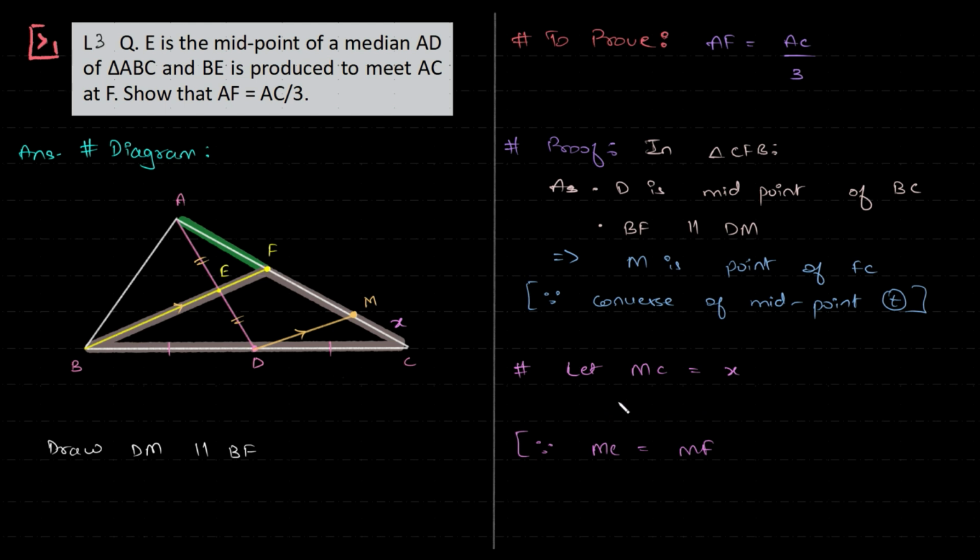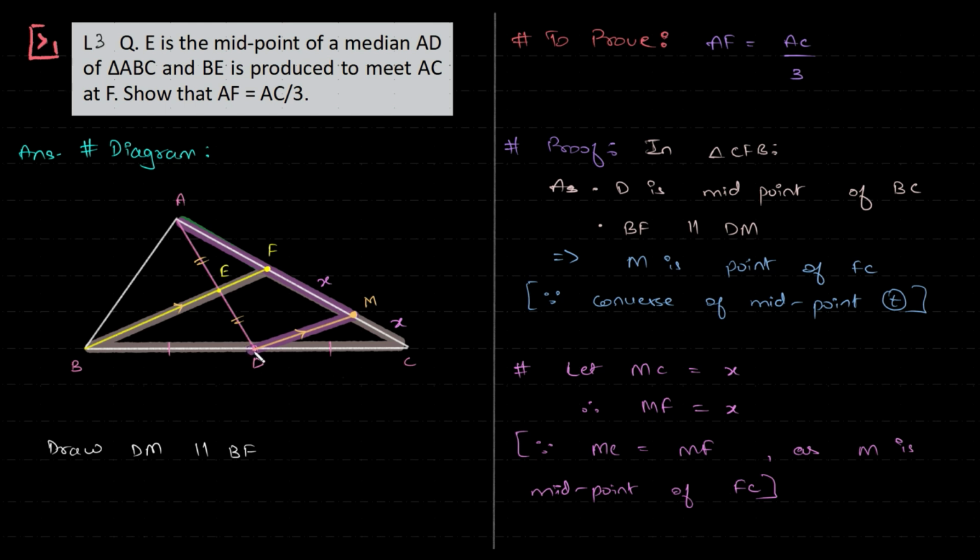So let me write a bit neater. Therefore MF is equal to X as M is midpoint of FC. So this also will be X. So similarly, what should I do? One more triangle.